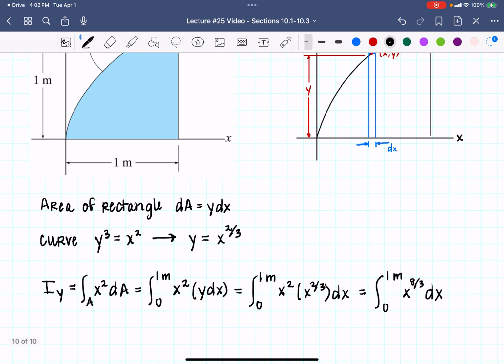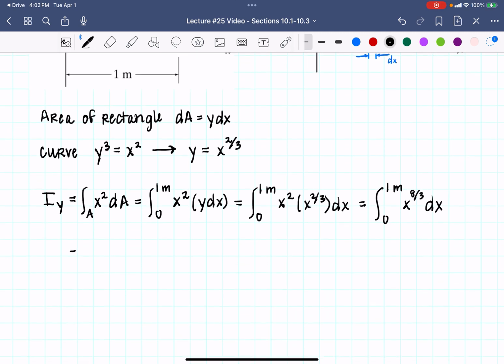If I continue to integrate, I'm going to get x to the 11/3 over 11/3 from 0 to 1 meter, which equals 3 over 11, which equals 0.2727 meters to the 4th. That is our I of y.